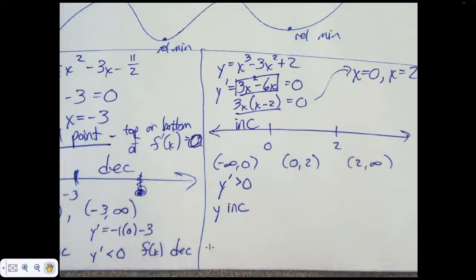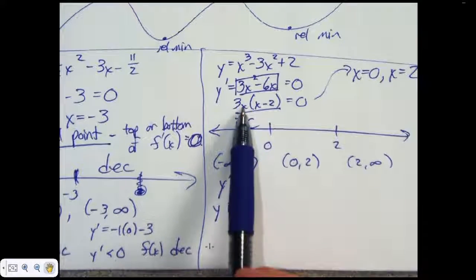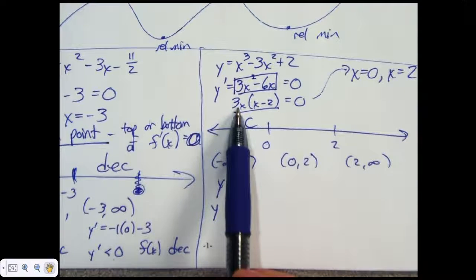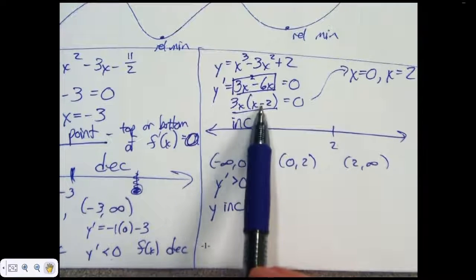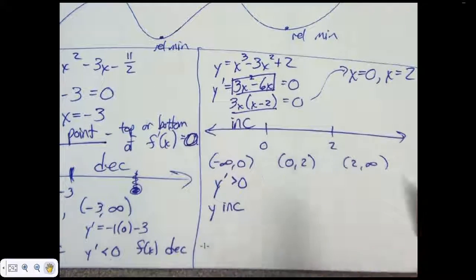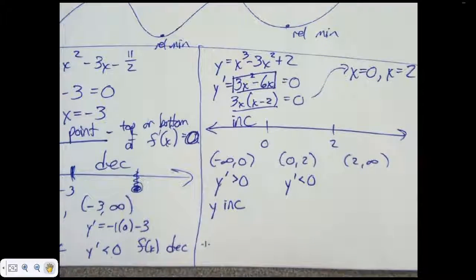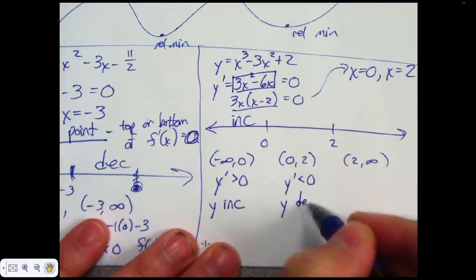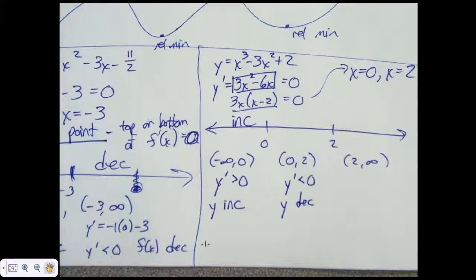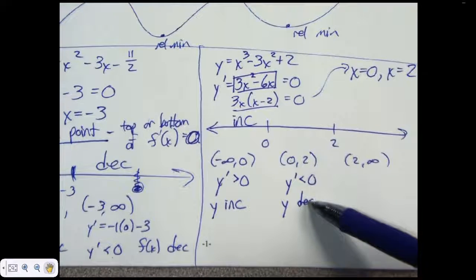For 0 to 2, let's plug in, say, 1. If I plug 1 into 3x, this part comes out positive. If I plug 1 in here, it comes out negative. So positive times negative gives me a negative, so the derivative is less than 0, which means y is decreasing. The negative slope means the original is going down.